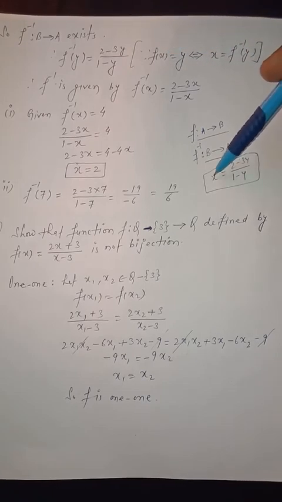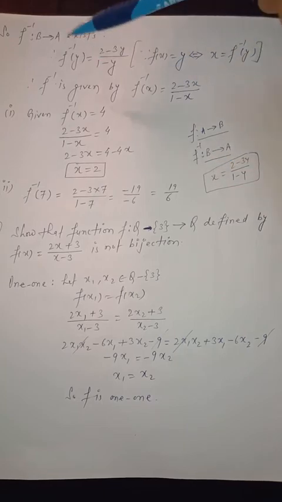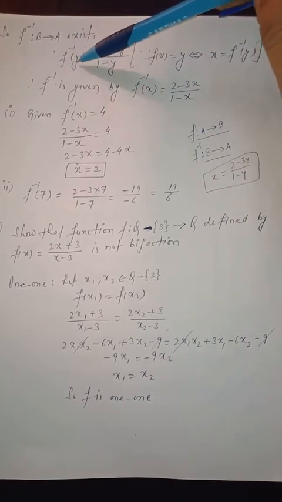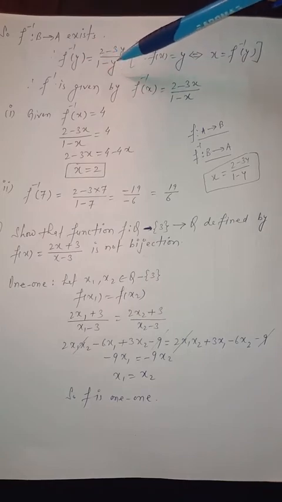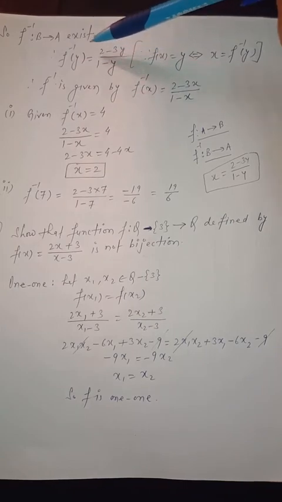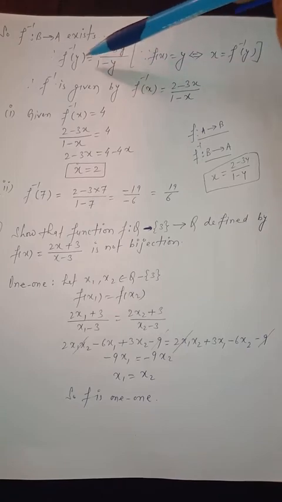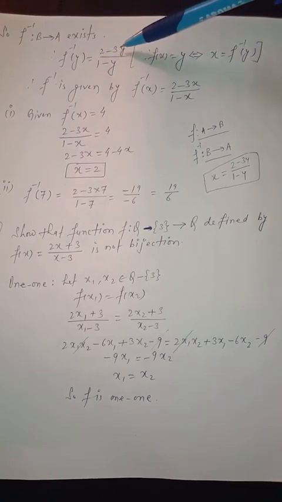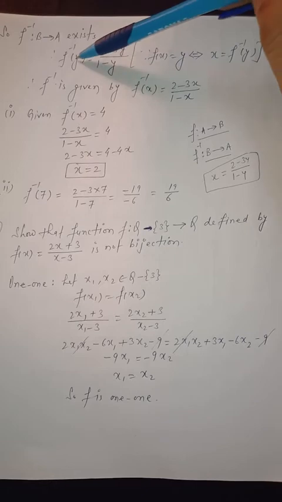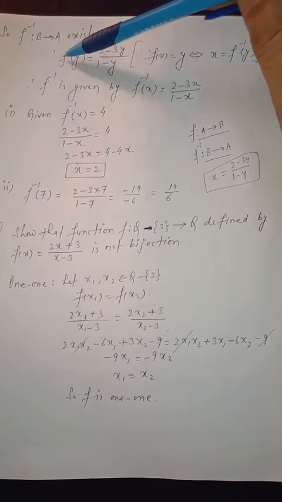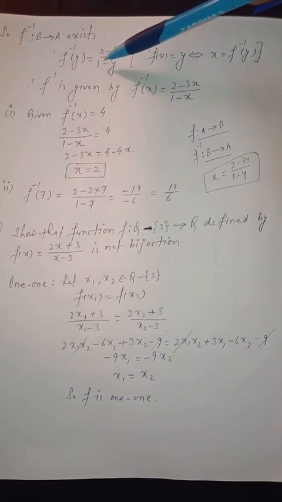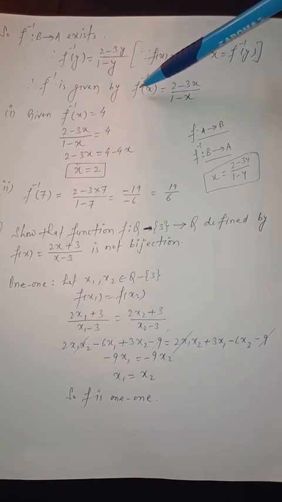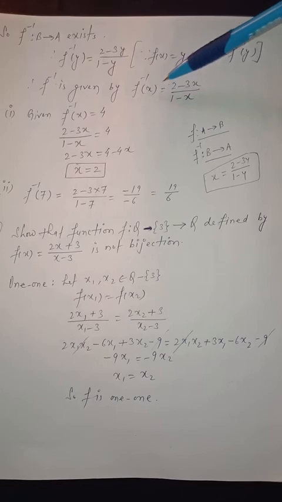So in place of x we can write f inverse(y), which is equal to (2 - 3y)/(1 - y). Now there is one more rule. Here the variable is y, so we can also change this y to x. So we can say that f inverse(x) is equal to (2 - 3x)/(1 - x). So this is f inverse.